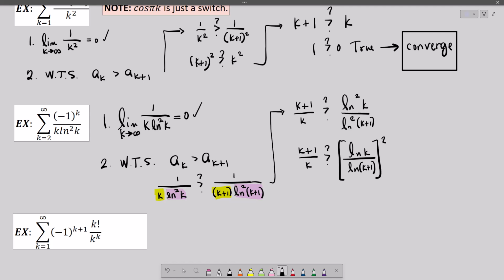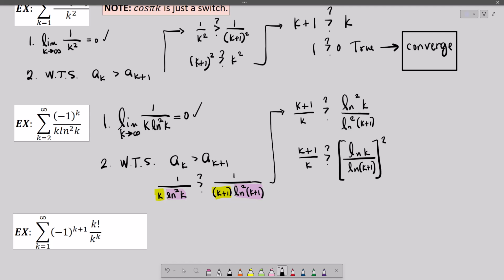All right. Do you agree that the left side is a little bit more than 1? You could imagine dividing the k up and you get 1 plus 1 over k, so it's like a skosh bigger than 1, but always bigger than 1, correct? Now let's think about the right-hand side, natural log of k divided by natural log of k plus 1.